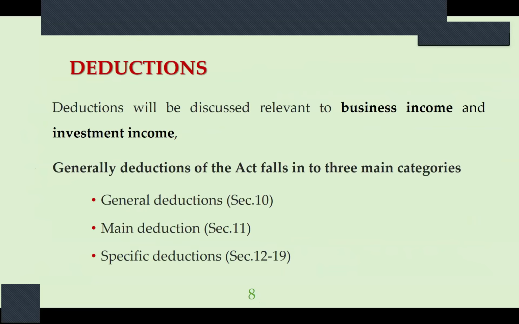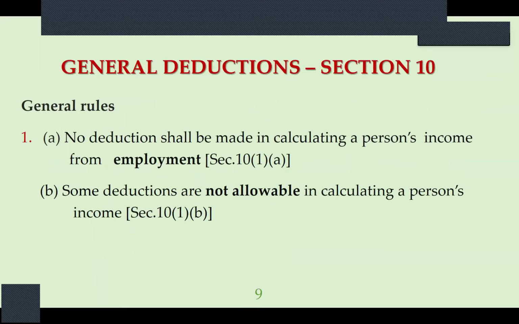Specific deduction rules are from section 12 to 19. So if we are making an expenditure and more than one deduction rule is applicable, then the most specific deduction rule should be applied for the deduction of that expenditure.